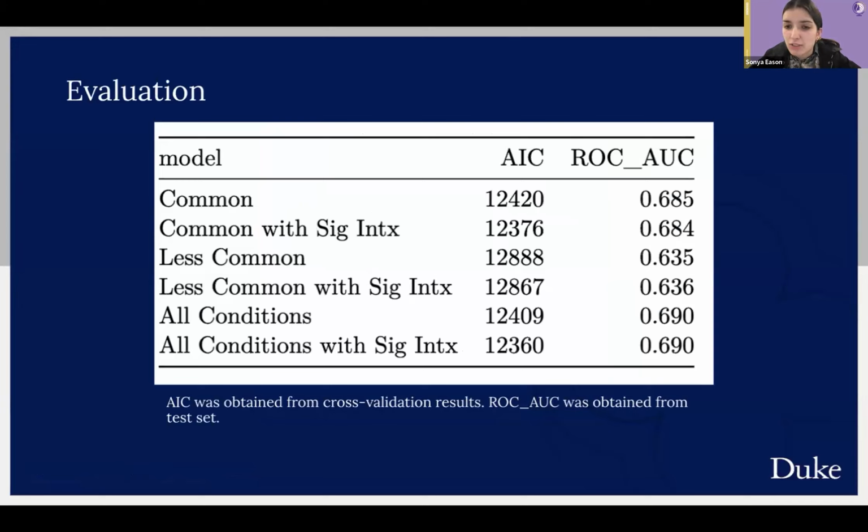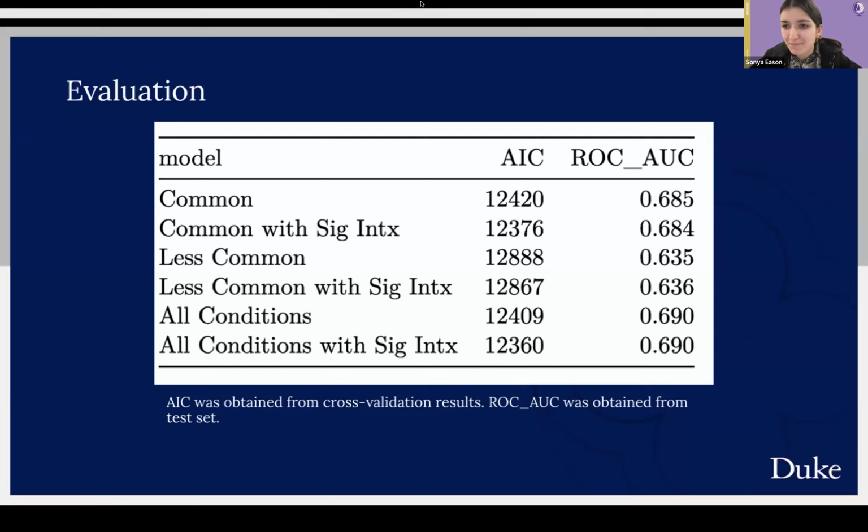Because when we saw ROC AUC and AIC values, they were actually the best for this model. So even though it's maybe more complex because there are more terms and probably significant interactions, that cost wasn't great enough for the predictive power we had. And that's why we see this low AIC value. And obviously the best AUC is for both, where all conditions are accounted for.